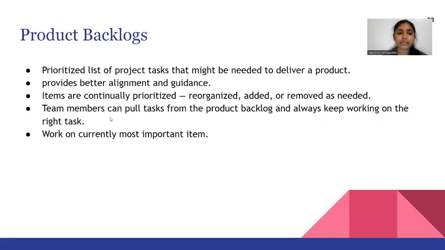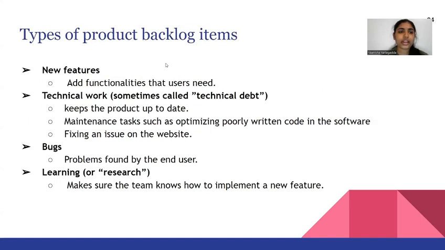The team members can pull tasks from the product backlog and always keep working on the right task. So it helps in good communication, so that each task is done at most priority.